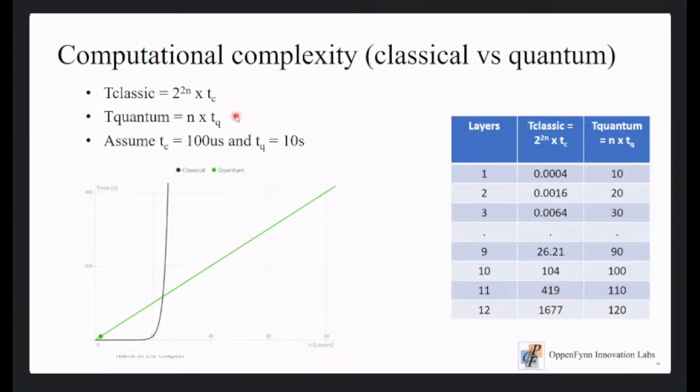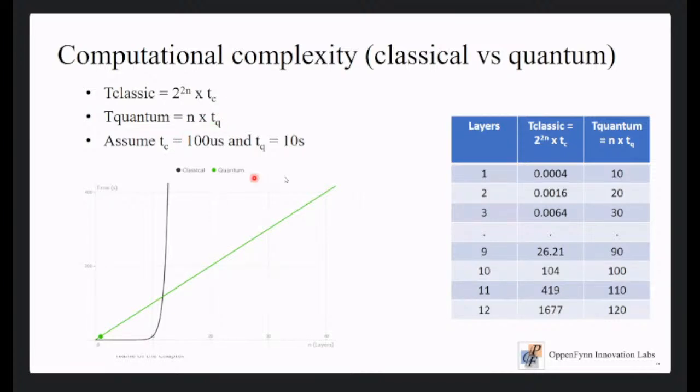In the case of the classical system, it increases exponentially with the number of levels. You have tc and you have n number of levels. It increased as 2 raised to 2n. Whereas when you actually built the system, you had a beam splitter in there, and the complexity only increased by n.